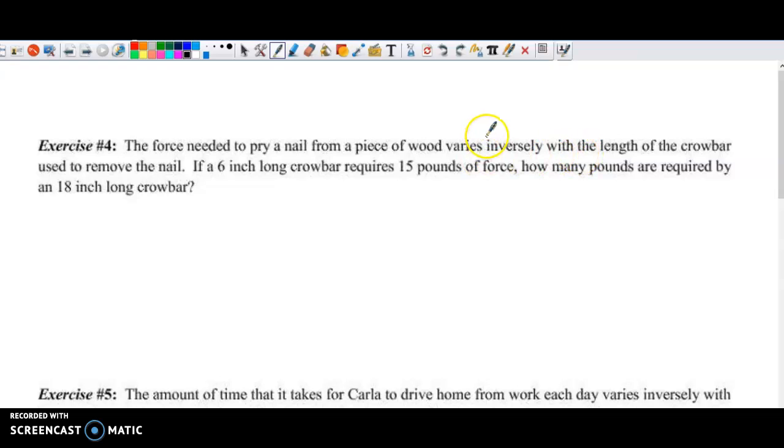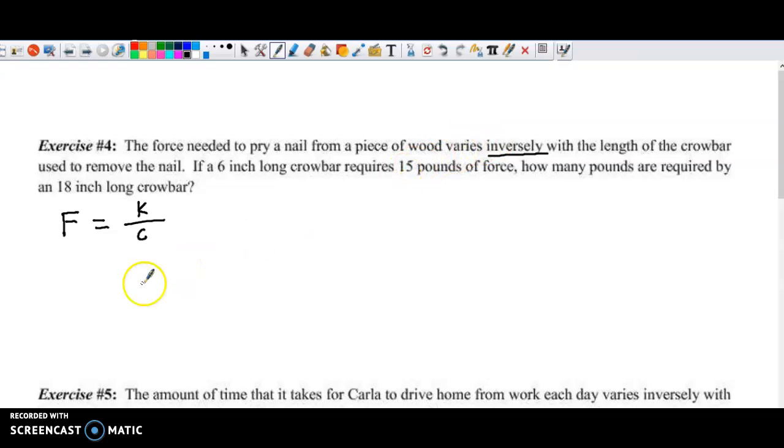So here's another situation where we vary inversely, and if you switch the variables around, it actually is not that big of a deal. But this is true to pry a nail from a piece of wood, and looking at the variables, I'll use F for force and C for crowbar.